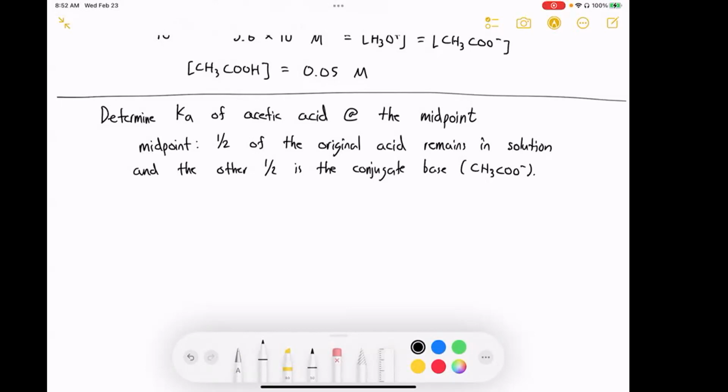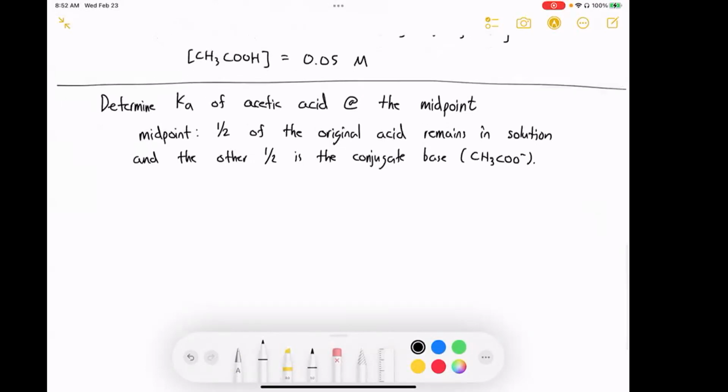Okay, so at this point we get an equation. I'm not sure how we learned this equation, but there's two ways we can do this. So at the midpoint, we know that 1/2 of the original acid remains in solution and the other 1/2 is a conjugate base.